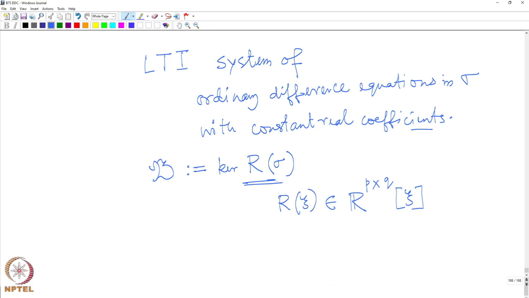That is my model class. Almost all linear shift invariant systems that we deal with in engineering problems are basically given by kernel representations of such polynomial matrices. Of course, you have to remember that the indexing set is Z plus, otherwise these matrices will be Laurent polynomial matrices.